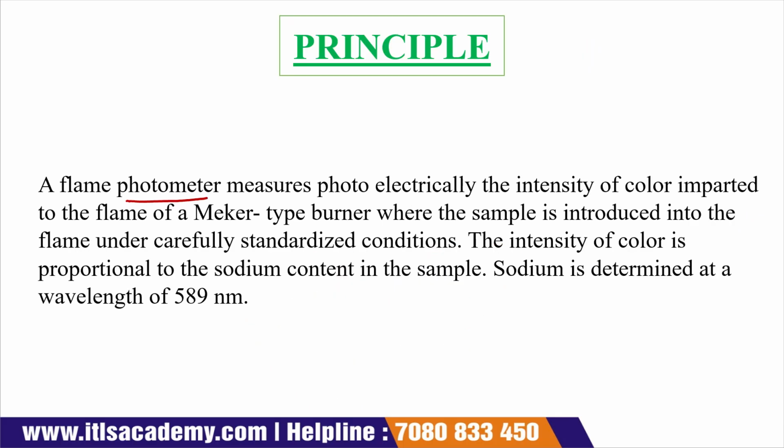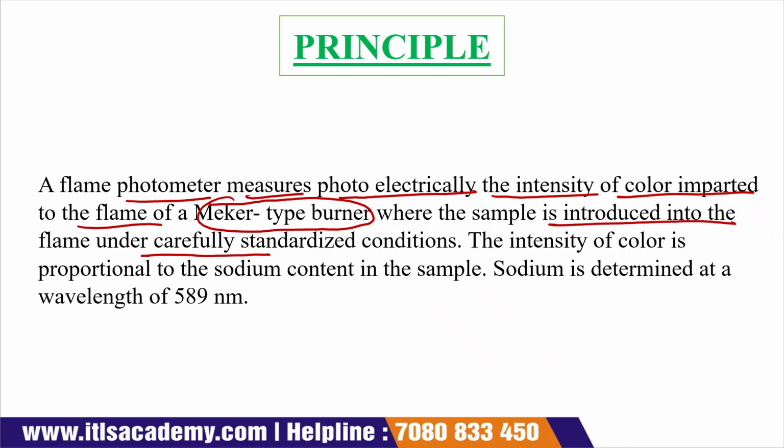Now the next is the principle. A flame photometer measures photoelectrically the intensity of the color imparted to the flame of a Meker type burner, where the sample is introduced into the flame under carefully standardized conditions.